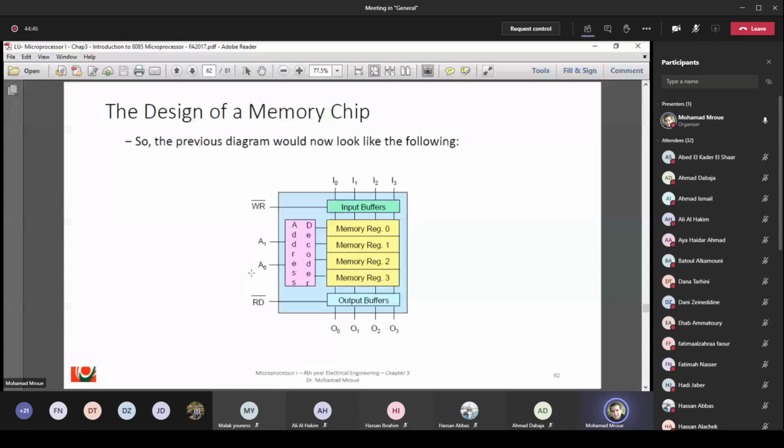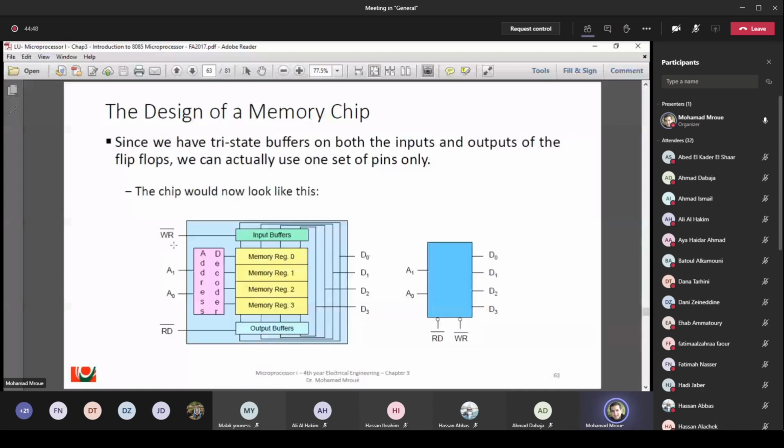Since we have tri-state buffers on both the inputs and outputs of the flip-flops, we can actually use one set of pins only. So the chip would now look like this one. Okay, if we have access here, the read access that happens.